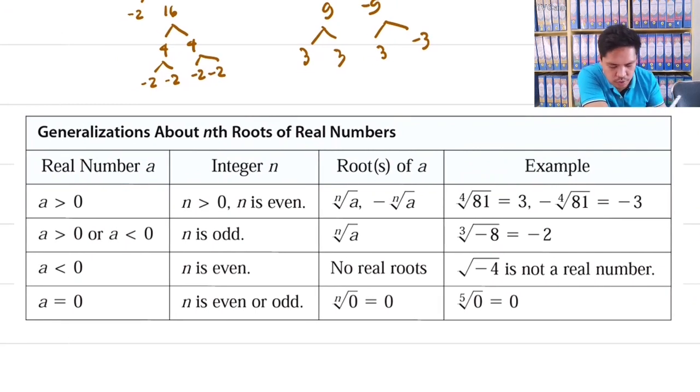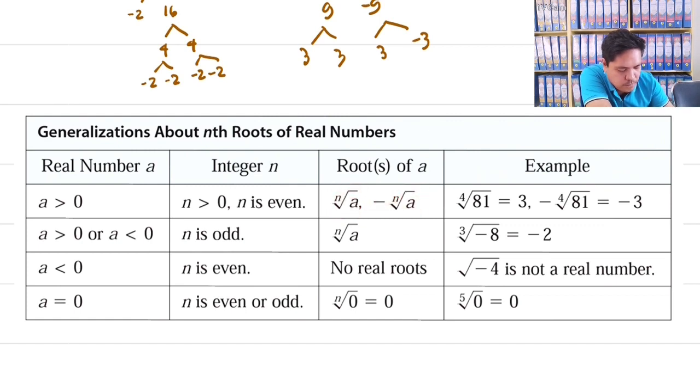So, if we have a greater than 0, meaning that's any positive number, and a is even, and n is even, so the roots of a are the same. Meaning, the nth root of a and the negative nth root of a.